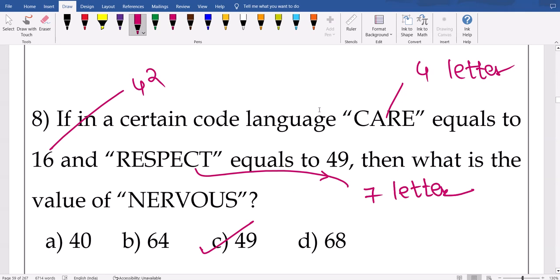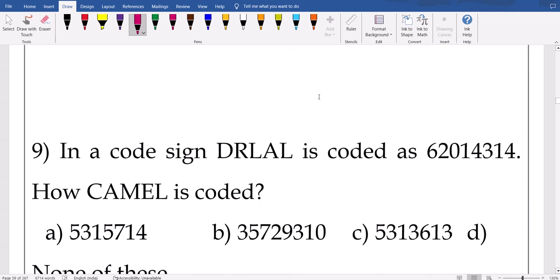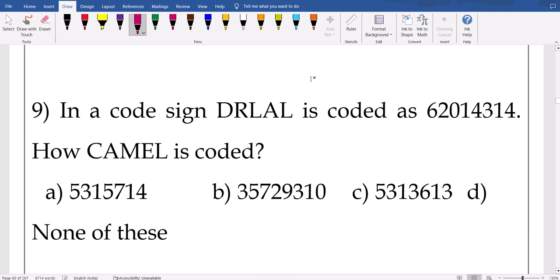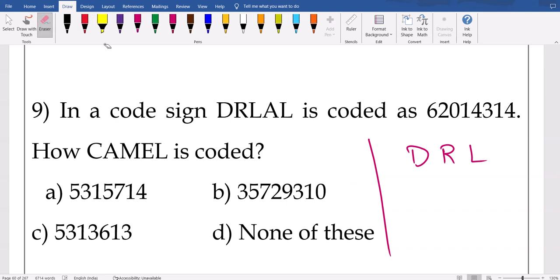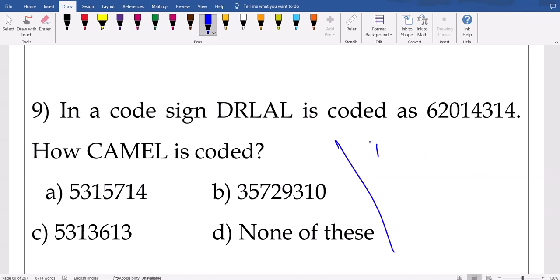So see the next one. Yeah, this is a bit related to assigned values for each letter, if you focus. See, L is there in two places in the given word. Here the same number is repeated. Which number is repeated two times here? 14 means L is given as 14.